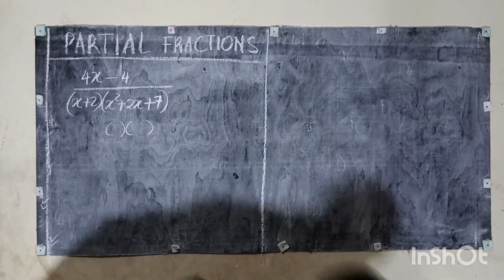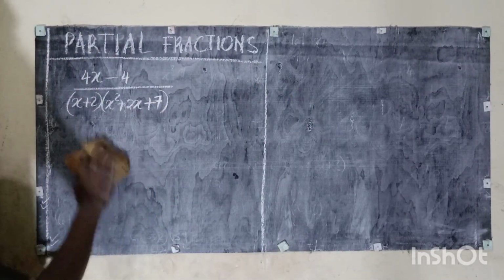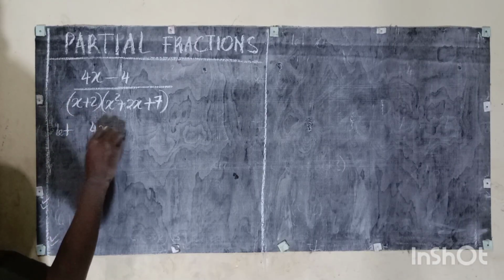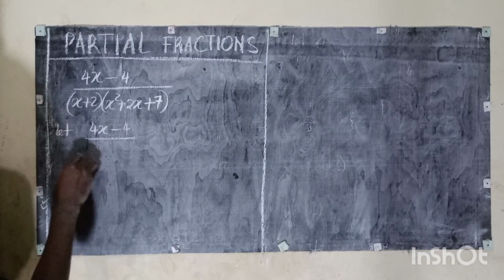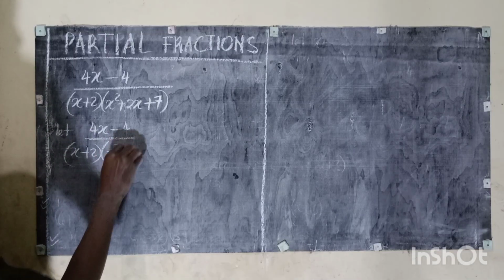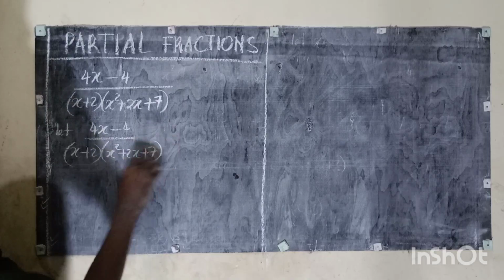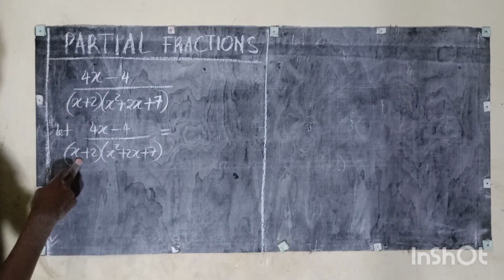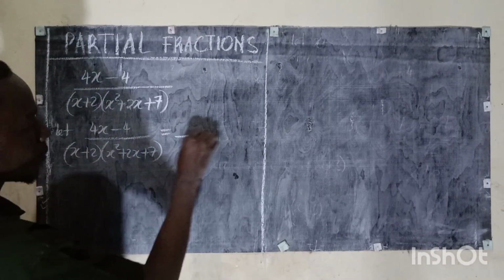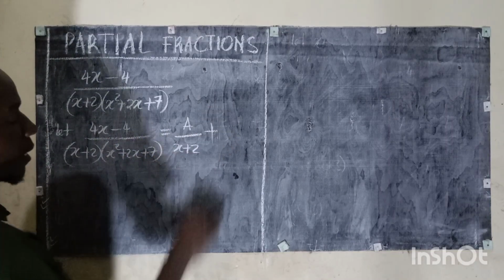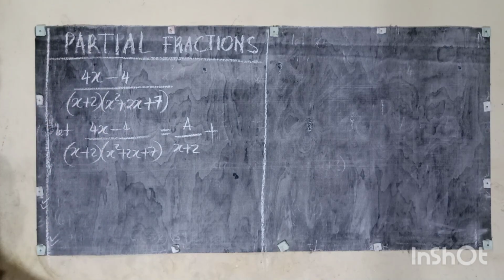That means there is nothing to do about it. So we have to let all this, (x + 2) into (x^2 + 2x...), be equal to, for this linear factor, we have already said we shall let there be a constant.